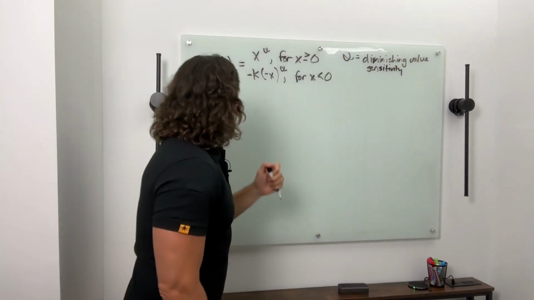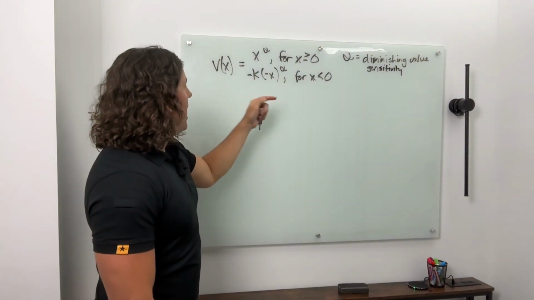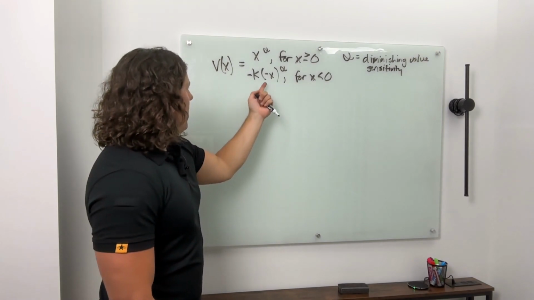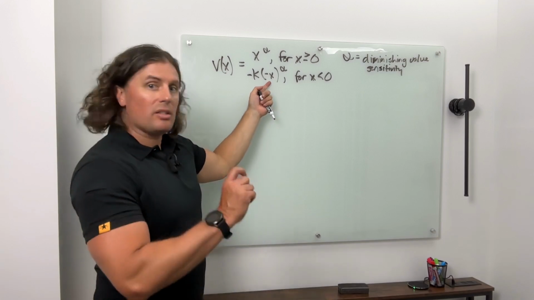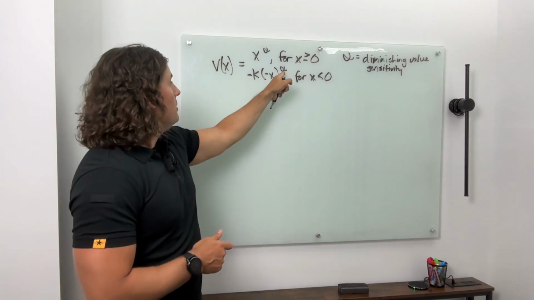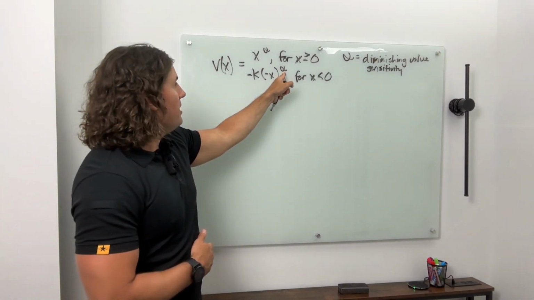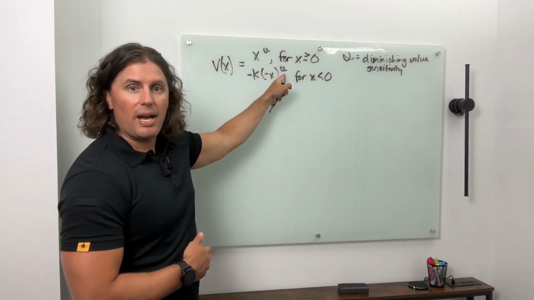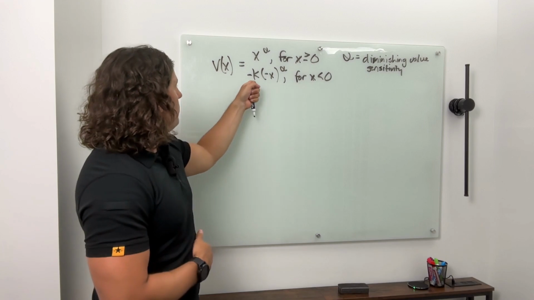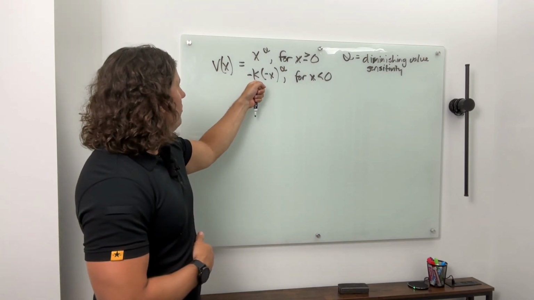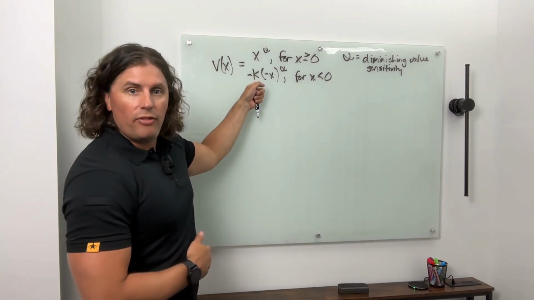And then down here, we have for any losses, we have the negative loss, so that'll make it a positive number. And we're going to also apply the diminishing value sensitivity because we have that in losses as well. And then we're going to apply the negative loss aversion coefficient.